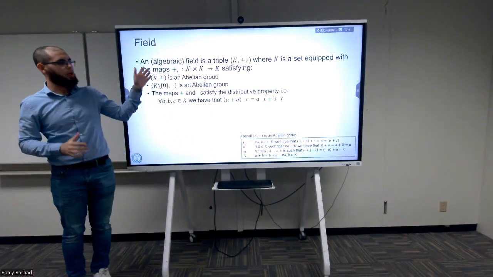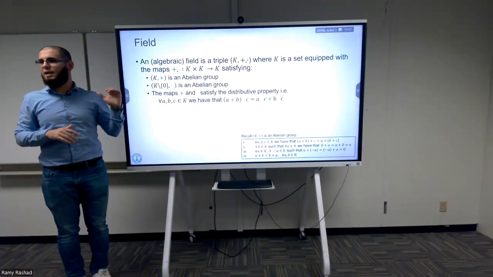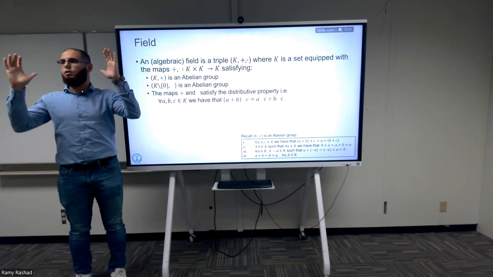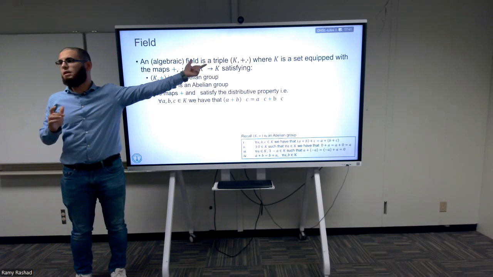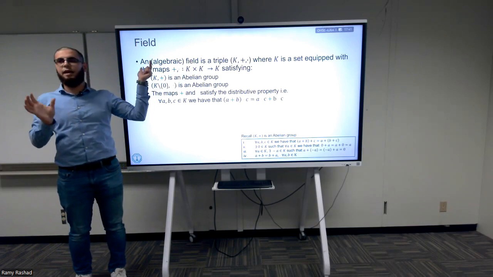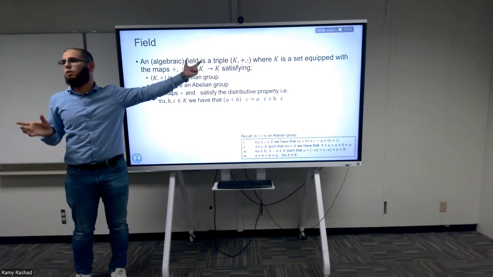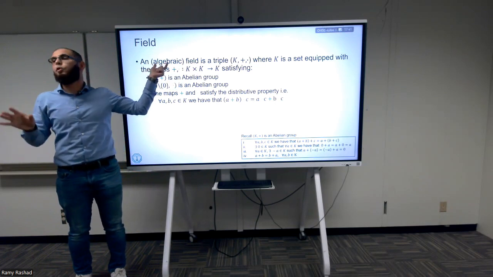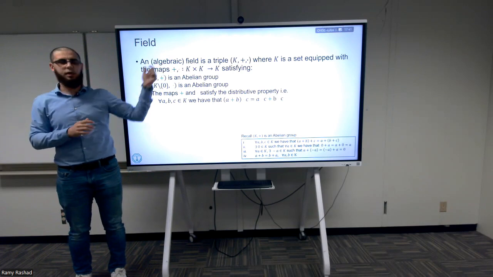A field, sometimes it's known as an algebraic field. Whenever I say a definition, with something between parentheses, the standard name for it is just a field. But sometimes if you want to be specific about what type of field this is, people call it an algebraic field. So this is what this notation means.